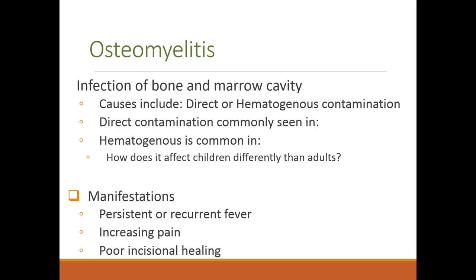But in adults, it affects the vertebra, the sternoclavicular bone, the sacroiliac joint, and the symphysis pubis. So those are some differences in how hematogenous spread occurs. Now, with osteomyelitis, bacteria is generally the most common cause, and we do see Staph aureus as one of the most common bacterial causes. So those things are important to note as well.